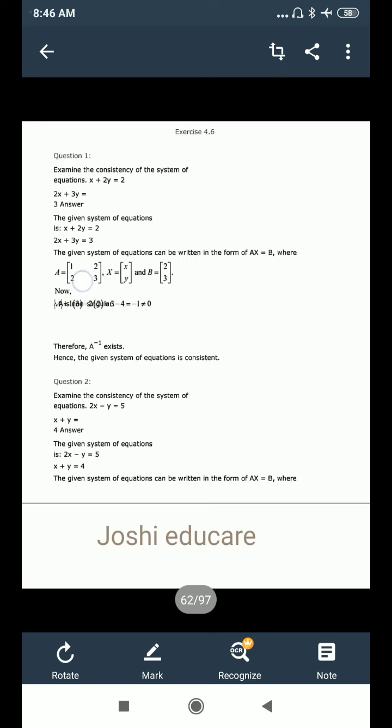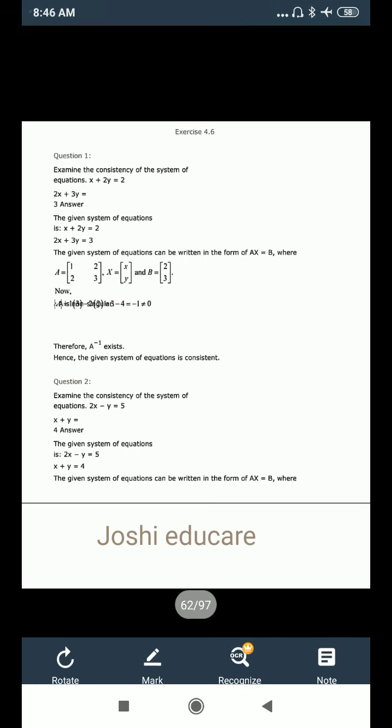You will get A matrix, the matrix of coefficients of x and y. You will get X, a column matrix of variables, as it is a two variable equation, so in the column we will have only two variables. And B is a column matrix of the constant terms, which are there on the right hand side, 2 and 3.